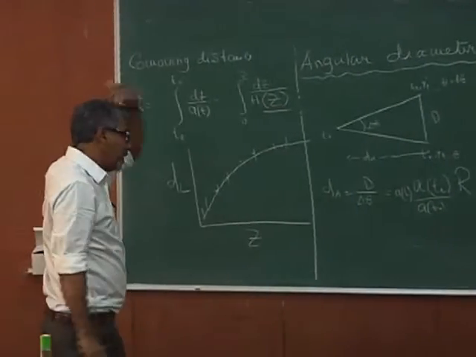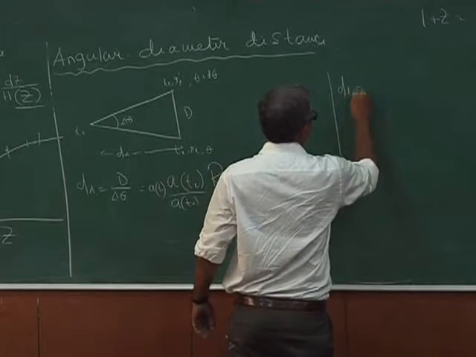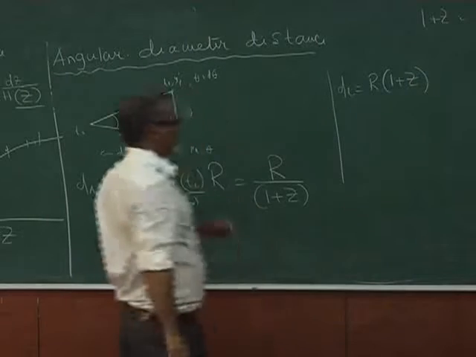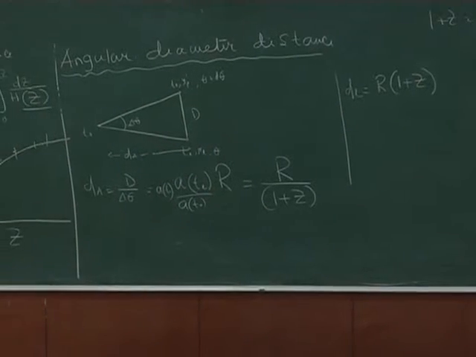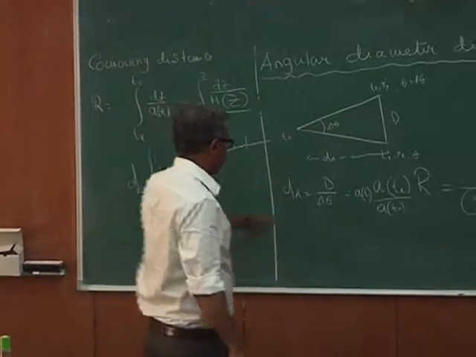So, this actually gives you r by 1 plus z. Remember, my dl was r into 1 plus z, okay. So, this dA and dl are roughly related.